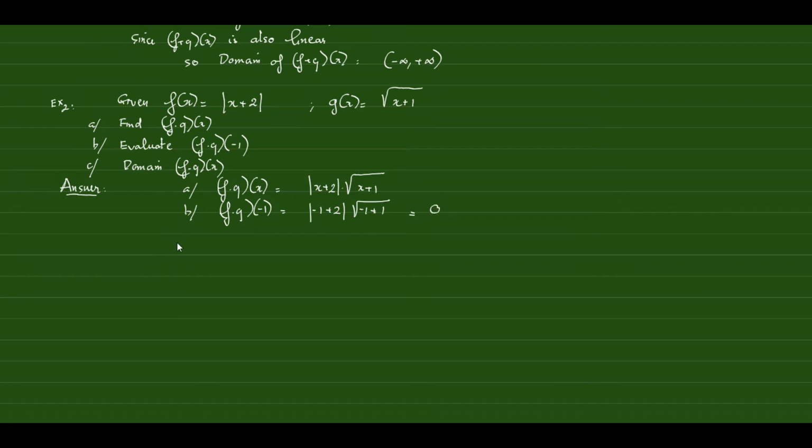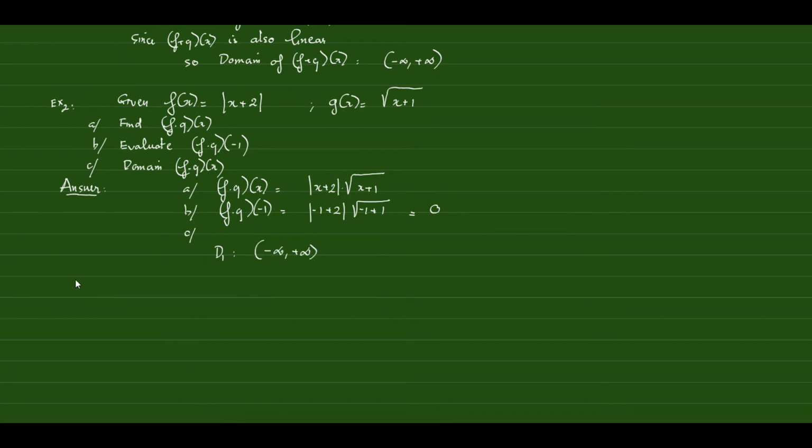Alright, but part C is kind of hard. If you notice, the domain of f of x, so I'm going to call it D1, is the domain of this, and this is an absolute value.